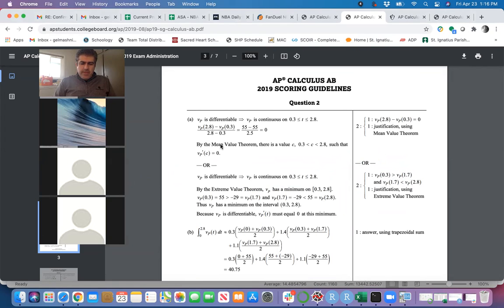They said another way you could do it is to consider the extreme value theorem. I have to wrap my head around that one, I suppose. Yeah, I don't know. I like the mean value theorem one. I'm trying to understand how. I guess you have a minimum.